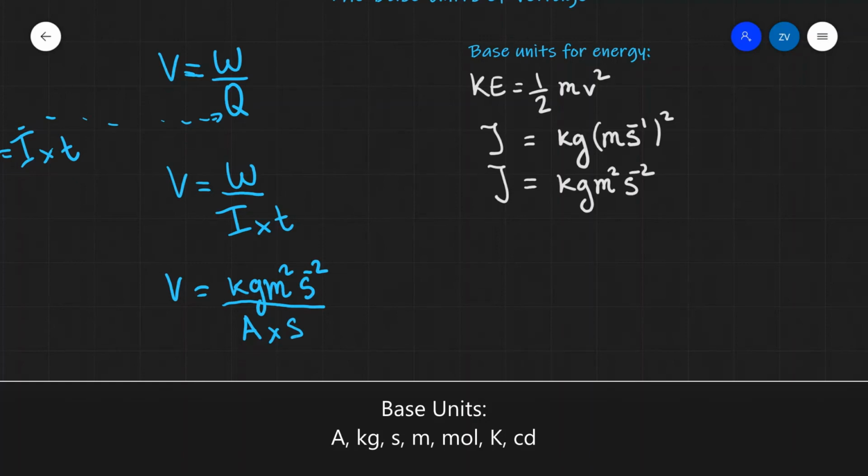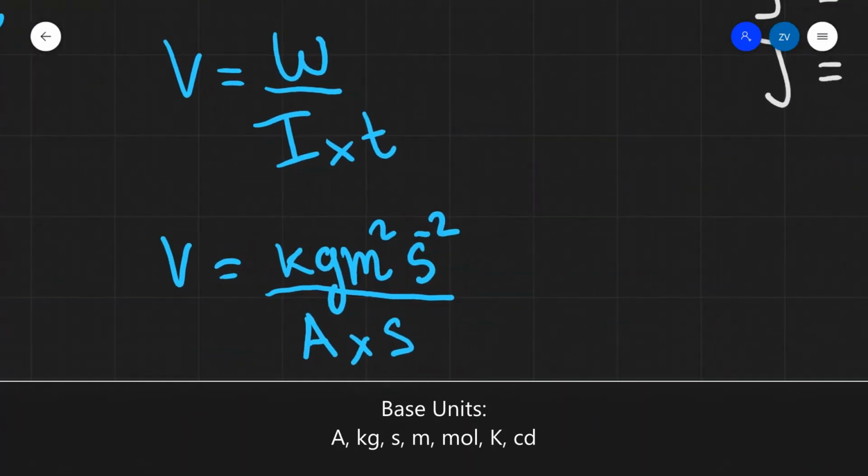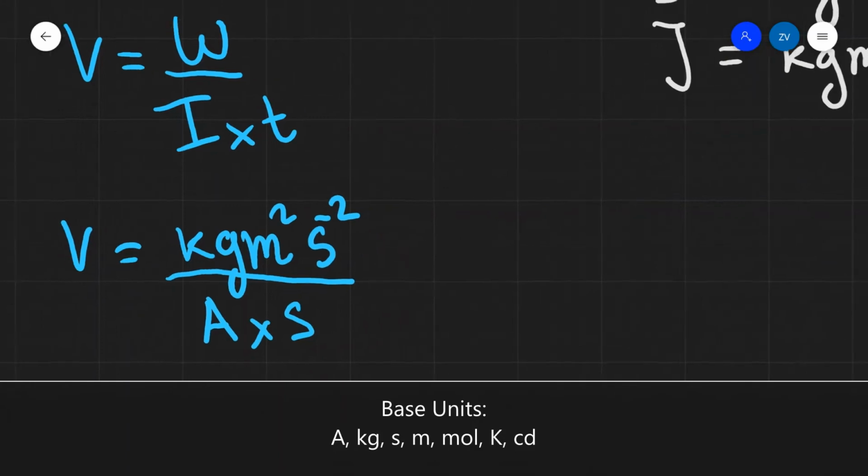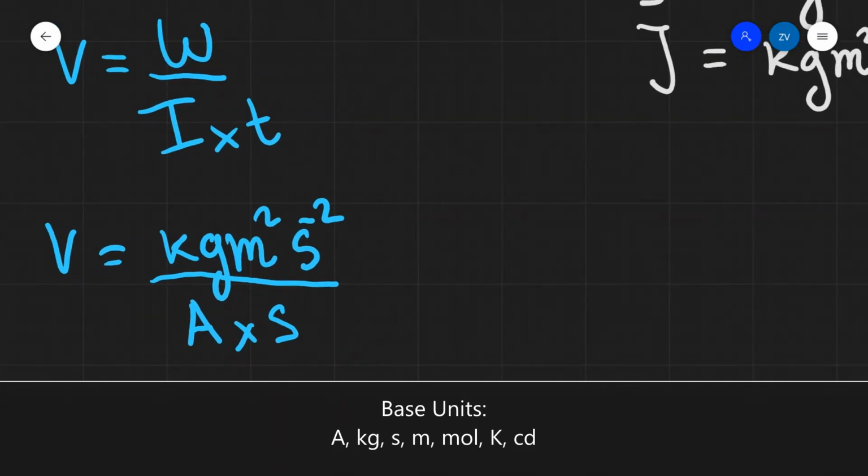Now, we're almost done here. All we need to do really is essentially tidy this fraction a little bit. What I'm going to do is just rewrite this with all of the terms at the top of the fraction. So this will be equal to kilograms meters squared s to the power of -2.